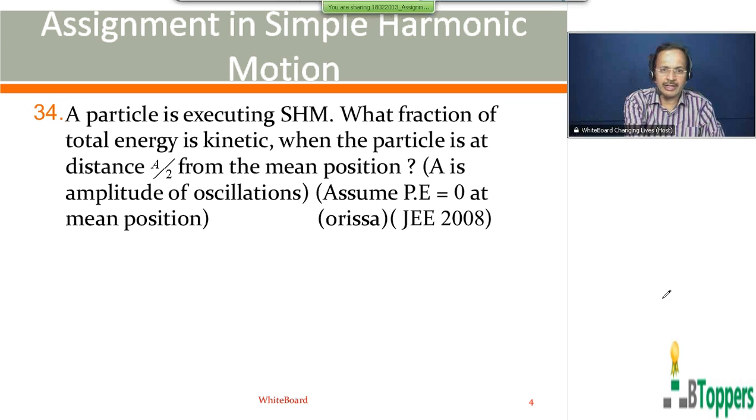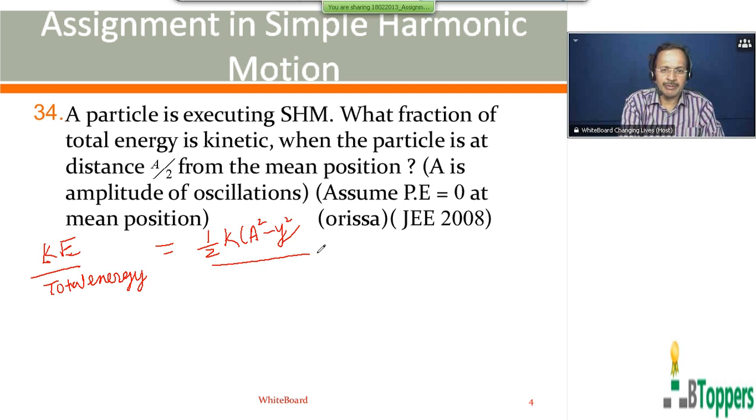total energy of oscillation is half K A square. So ratio of the kinetic energy by total energy, that's what is required at the instant when the displacement from mean position is denoted by y.